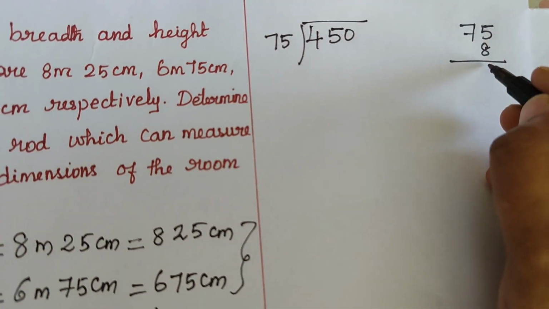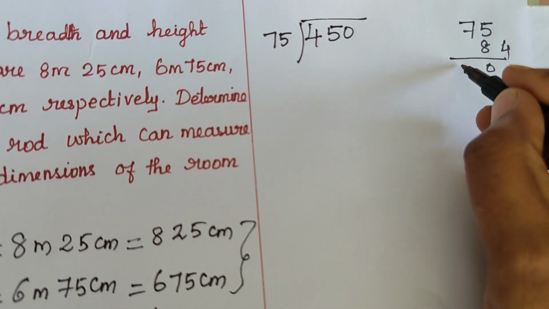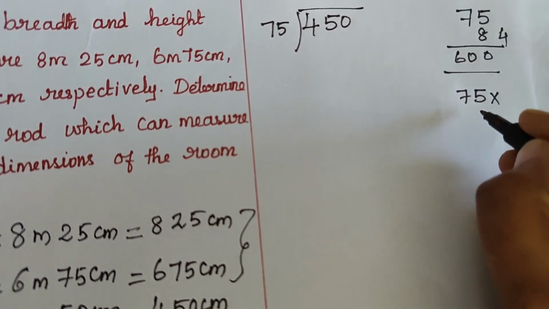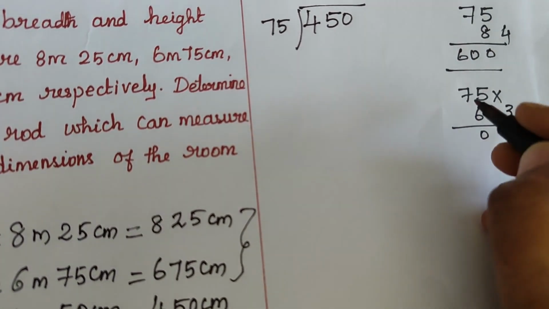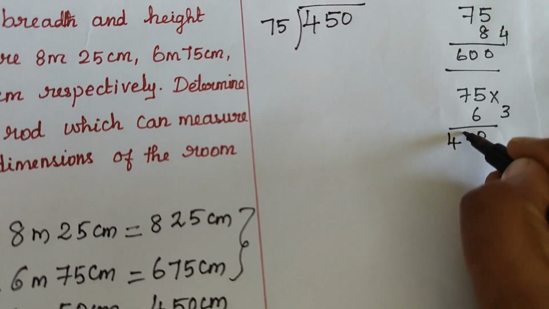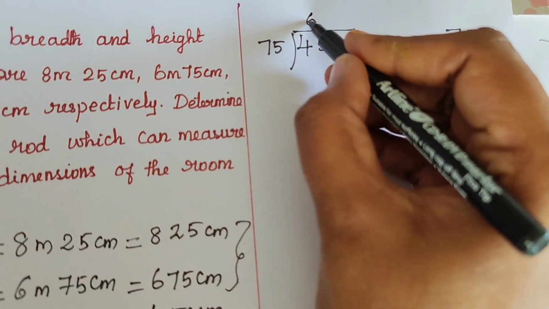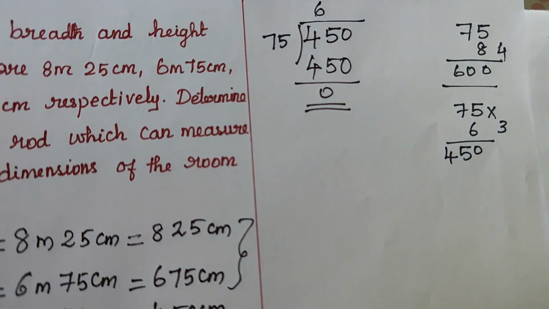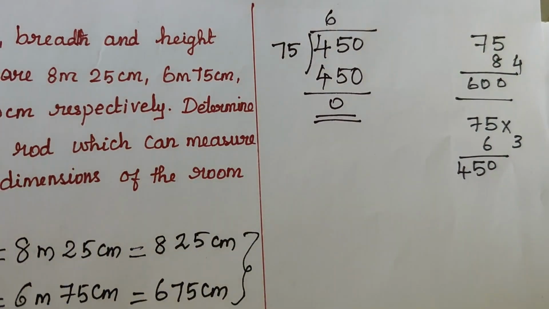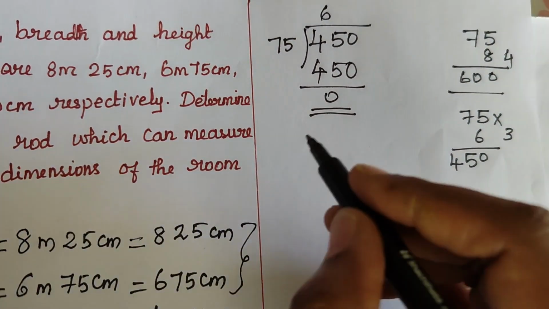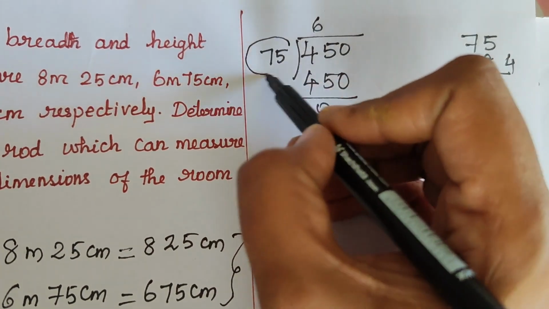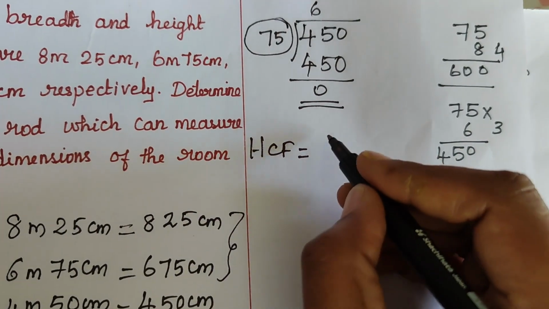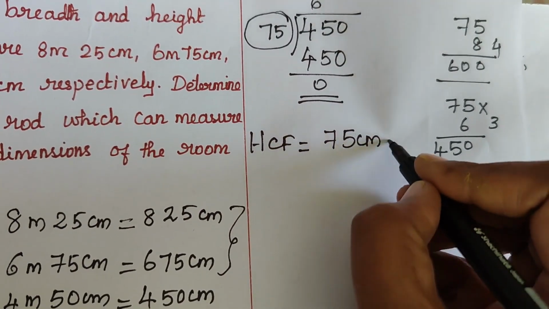No, it is a bigger number. 7 8s are 56, 60, no, it's very big. 75 into 6: 6 times 5 is 30, 3 balance. 7 6s are 42 plus 3 is 45. Yes. 6 times 75 is 450. On subtraction, you will get 0. So 450 is completely divisible by 75. So 75 is the second HCF, and the second HCF is the final HCF. The final HCF is 75 centimeter.